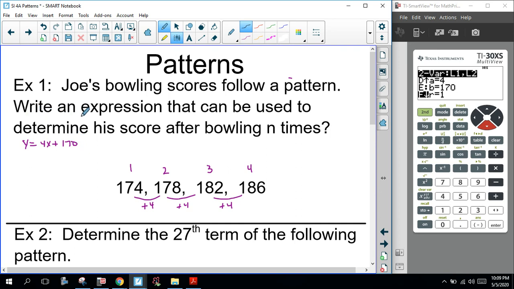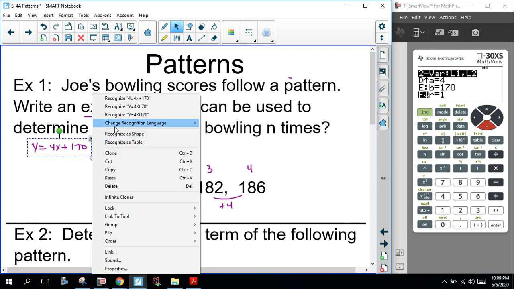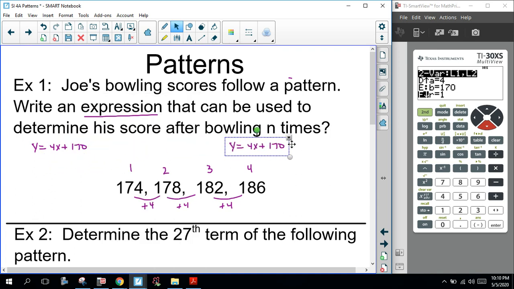Now, it doesn't ask me to write an equation. It asks me to write an expression. Well, the expression is actually inside the equation. So I'm going to take this, actually, let's clone it, and we'll slide her over here. What we're going to do to write the expression is quite simple. You just get rid of the y equals. So you have 4x plus 170.